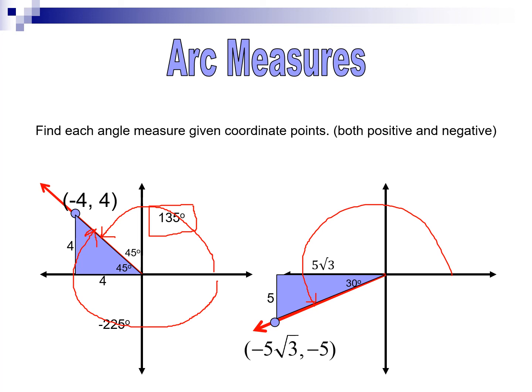It's just 180 plus the 30, and that gives us 210 degrees. To find the negative version of that answer, we go this way. It's just 210 minus 360, and that gives us negative 150.